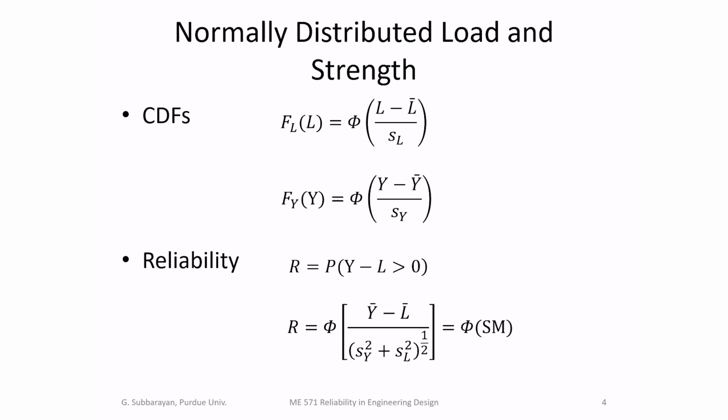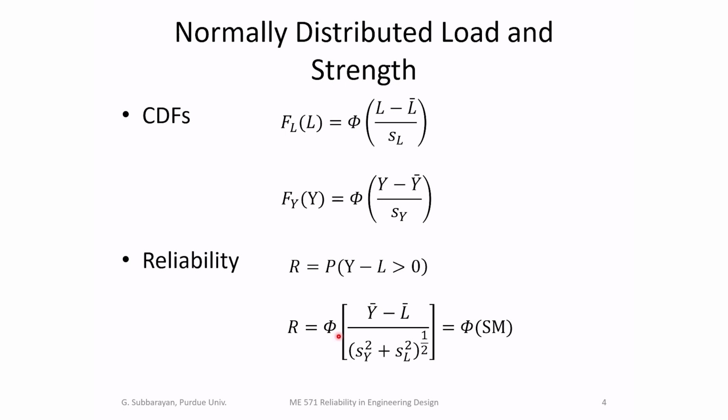By looking at a standard normal distribution of load and a standard normal distribution of strength, you can show that reliability is nothing but the cumulative distribution corresponding to the safety margin. The reliability is the cumulative distribution function, denoted by phi.